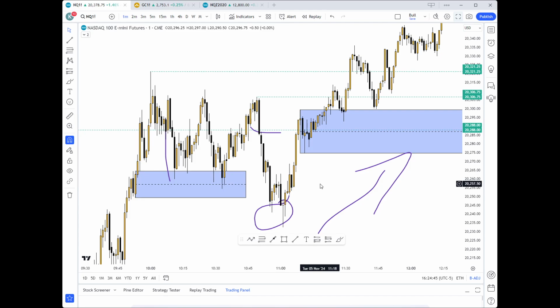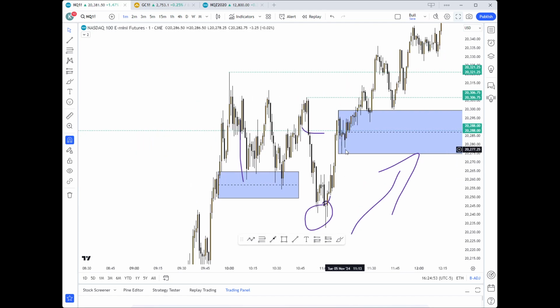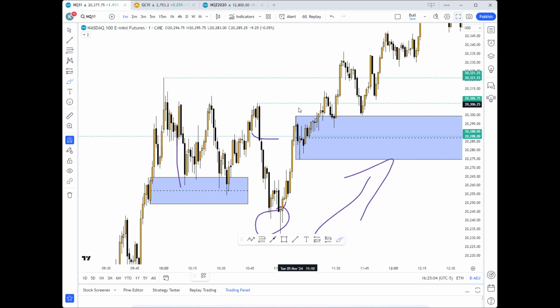Stop looking at entry models, follow price. Right? Stop looking at patterns, understand how the market is moving. This area made the decision to break above this high. Now you could argue this is a lower time frame protected high and we should use this area here. But I like the area that the market decided to stop doing something.